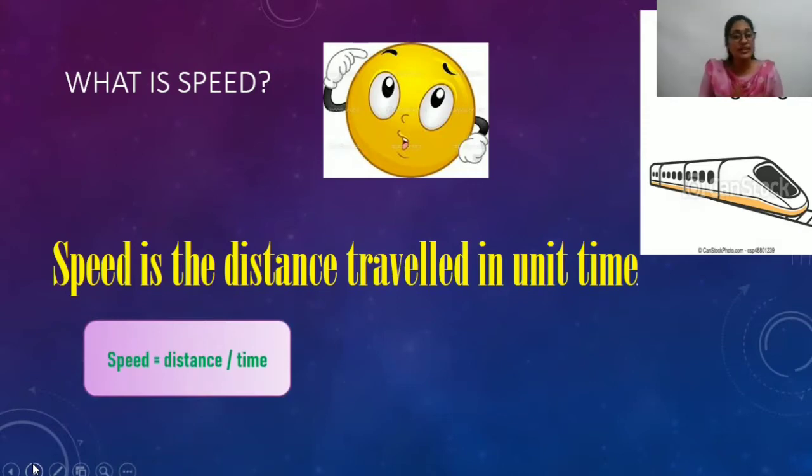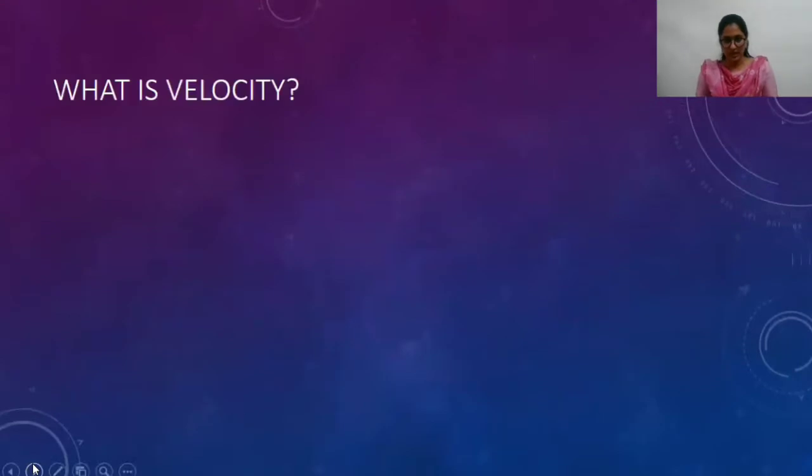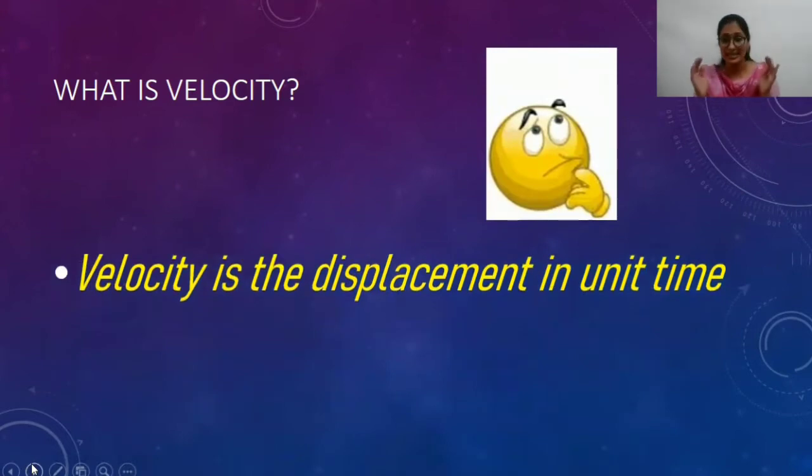From the equation, we can write the unit. What is the unit of distance? Meter. What is the unit of time? Second. So the unit of speed is meter per second. Now we can look at what velocity is. Velocity is the displacement in unit time. We know that displacement is the shortest distance and it has both magnitude and direction.